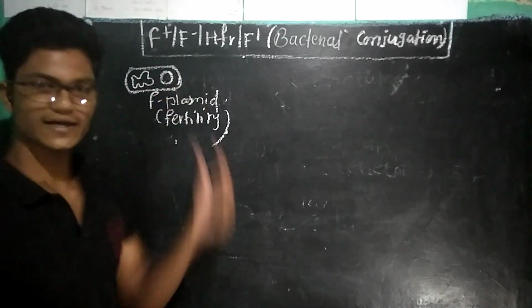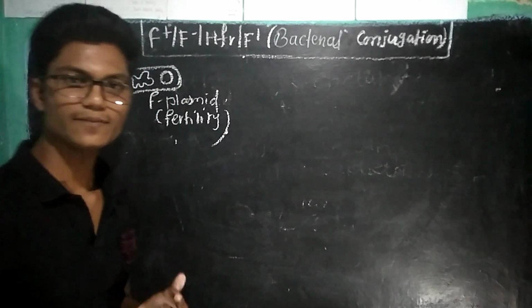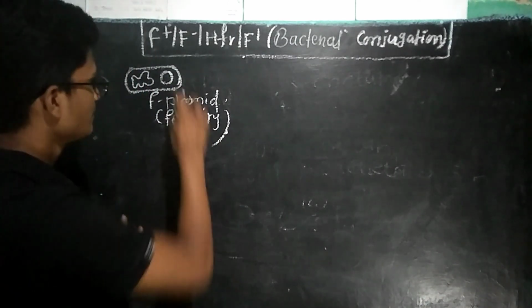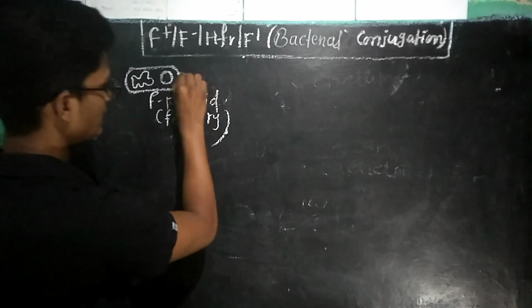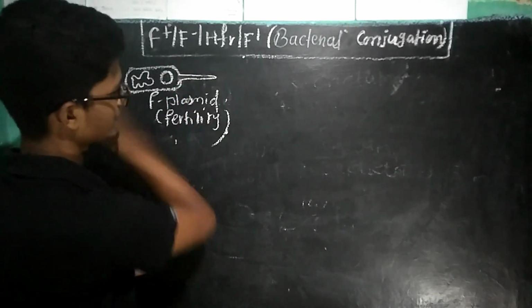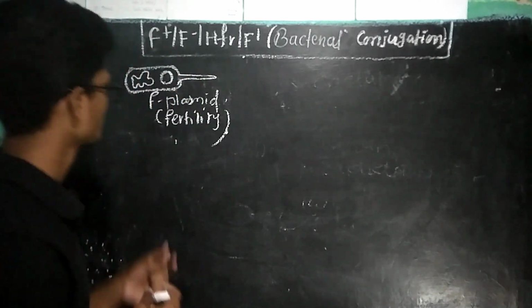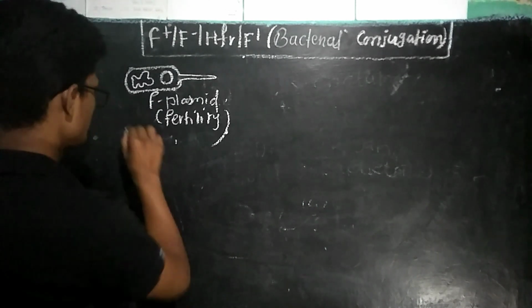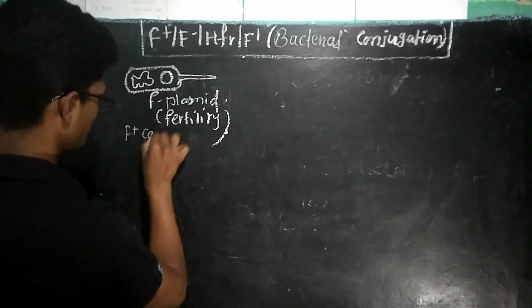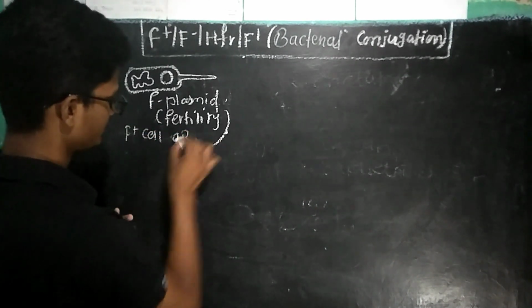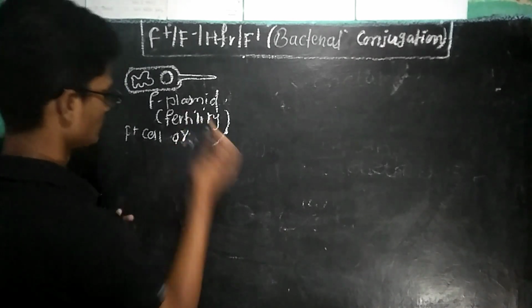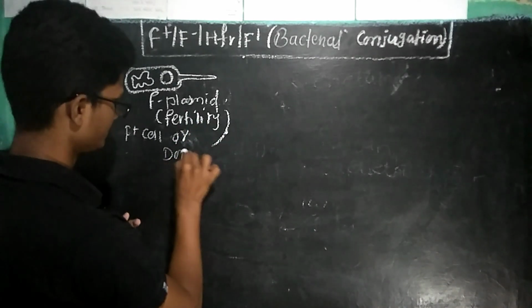Remember that cells containing the F plasmid are able to form the sex pilus, a tail-like structure present in the bacterial cell, and this bacterial cell is known as an F plus cell or donor cell.